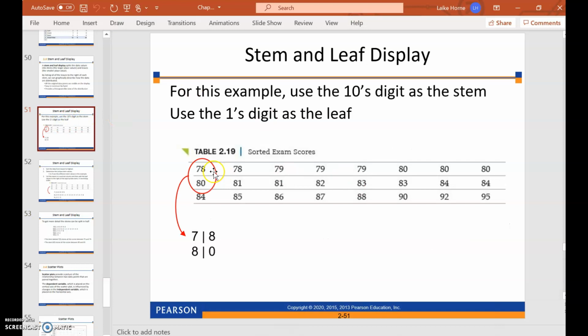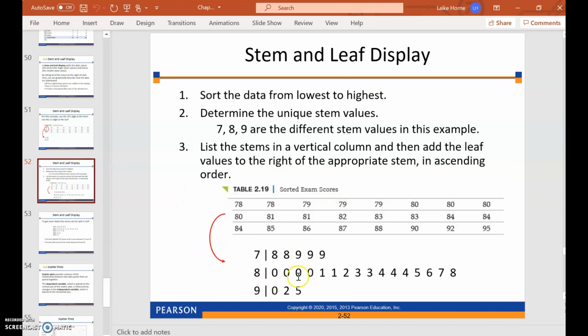If you want to split the number 78 into a stem and a leaf, the stem would be 7 and the leaf would be 8. Same thing for 80. It's going to go up by tens. If you wanted to write 80 in your stem and leaf, it would be 8 and 0. If you have some of the same values, you still have to list each value out.